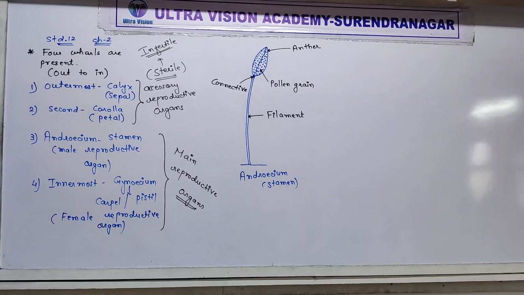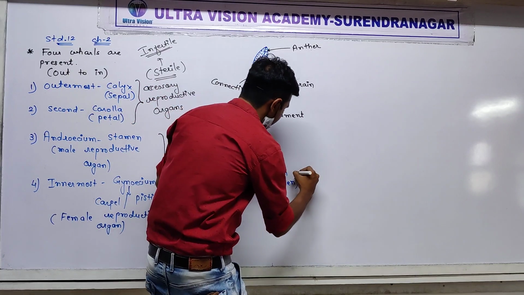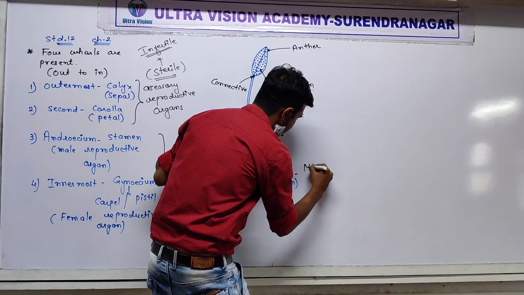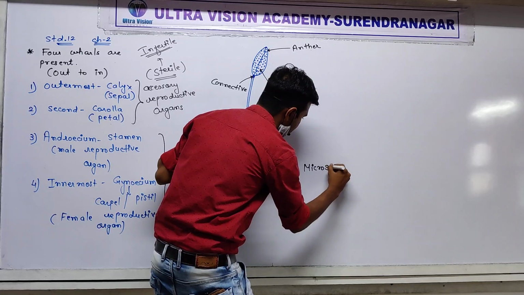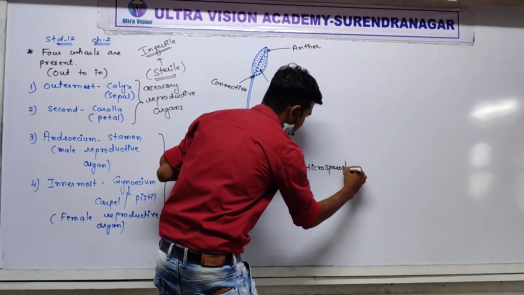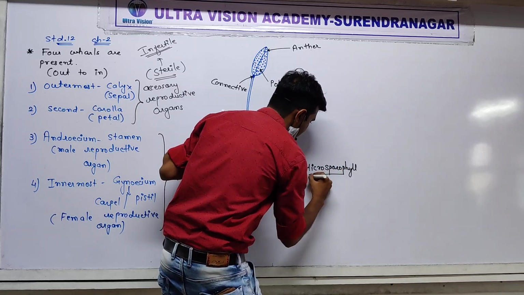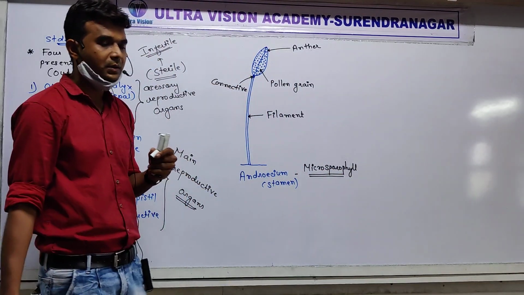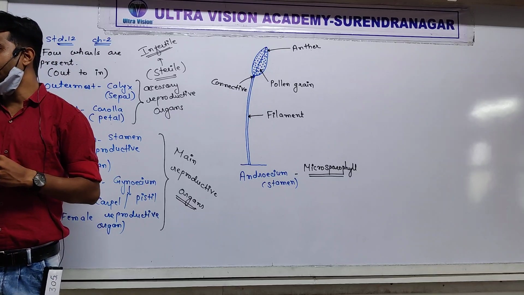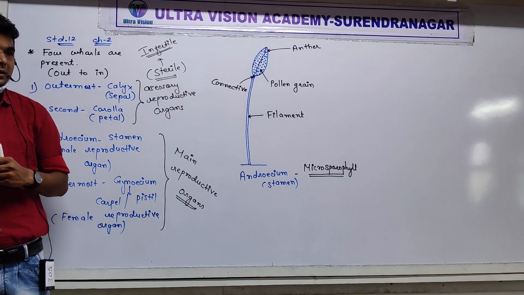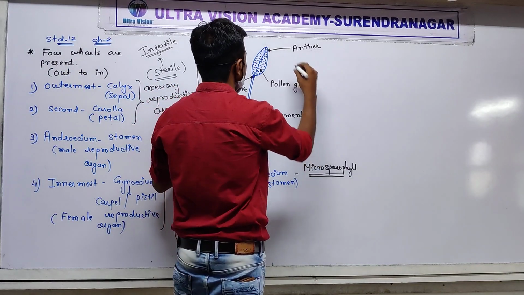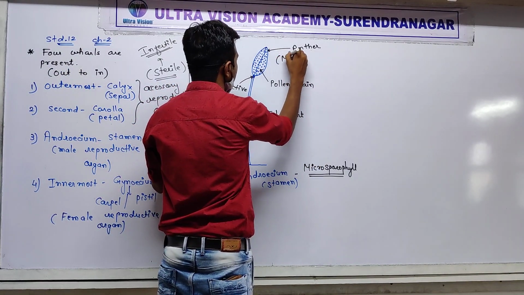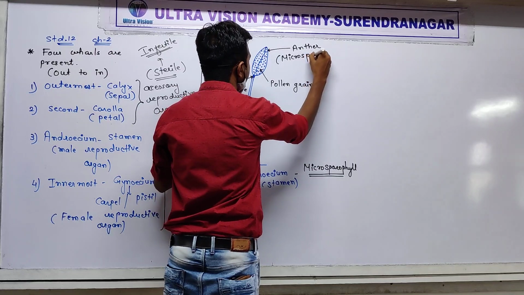See now synonyms. Okay. This male reproductive organ, don't forget the other names. Androecium or stamen, it is also known as microsporophyll. The anther is also known as microsporangium.